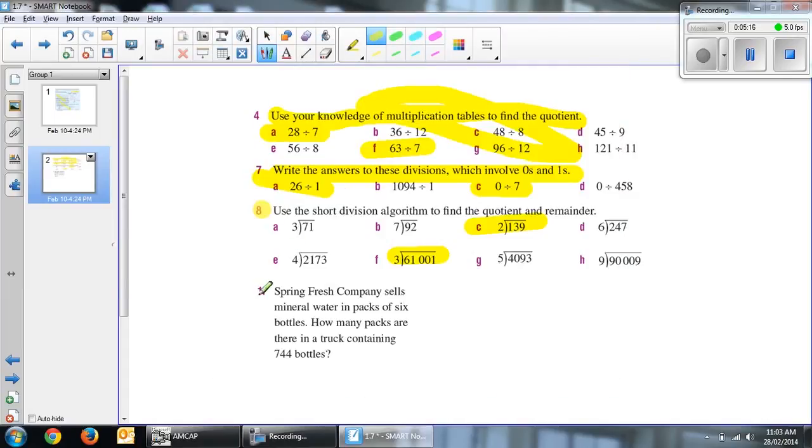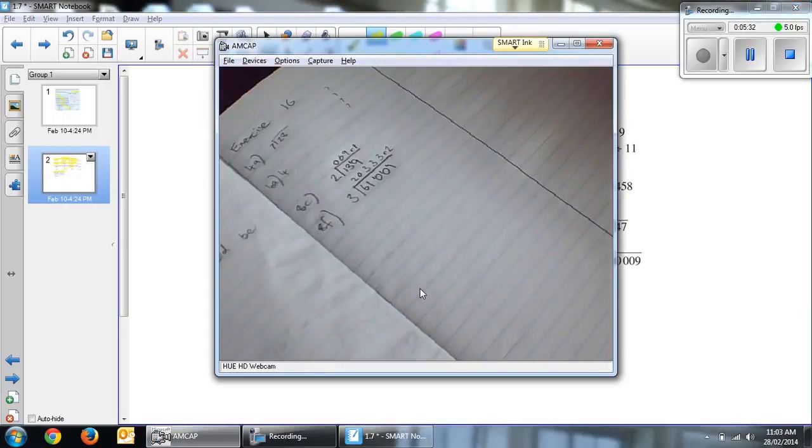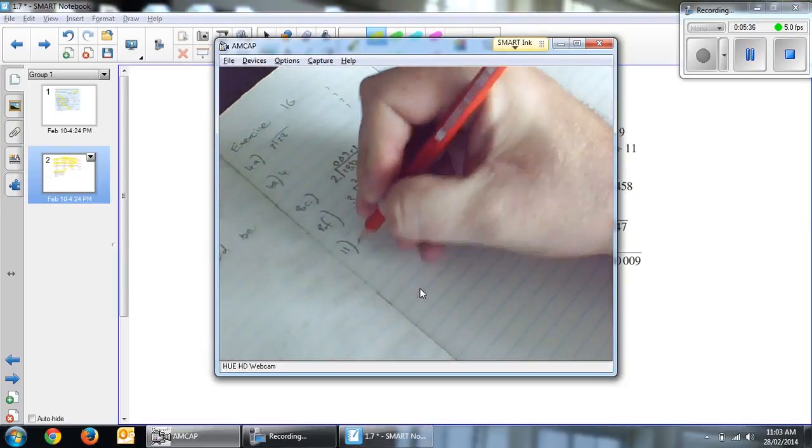Question 11. Let's have a look at a problem-solving question. Spring Fresh Company sells mineral water in packs of 6 bottles. How many packs are there in a truck containing 744 bottles? All we need to do for this is another division.